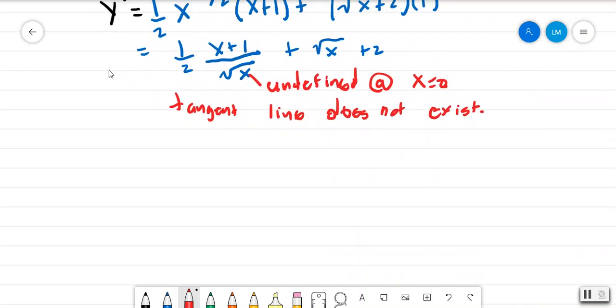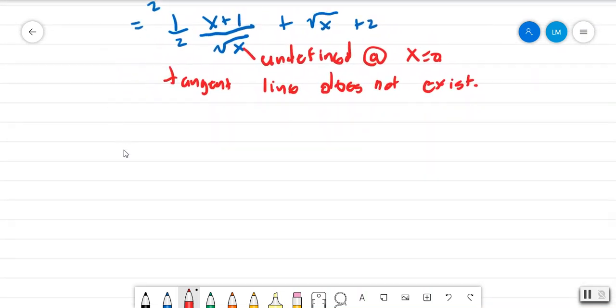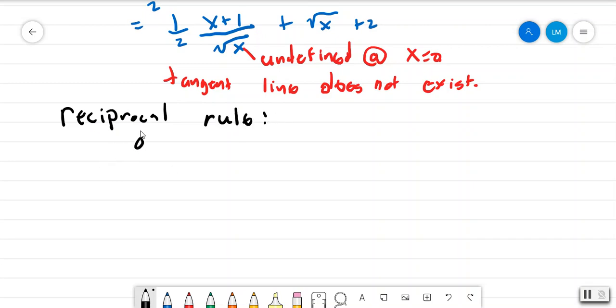Now, the other thing that we can look at, for example, is what we call the quotient rule. But before we get to the quotient rule, I'm going to look at something called the reciprocal rule. So the reciprocal rule is basically like if I take the derivative of a constant such as 1 divided by f of x.